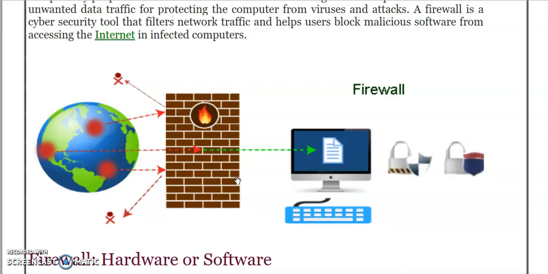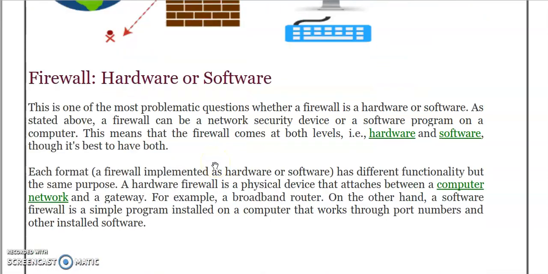Literally, it means a wall made of fire that will not allow any outsiders to come inside your computer. With the help of that wall, it stops unsolicited or unauthorized users from sneaking into our computer, and hence we can protect our data.